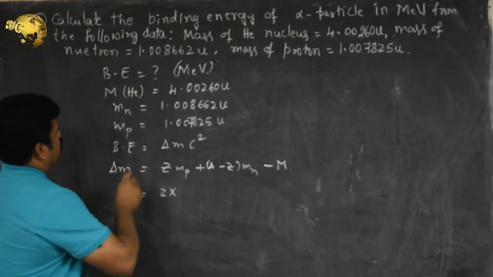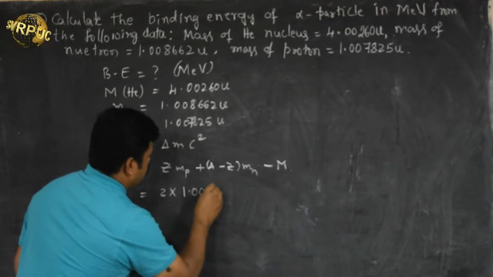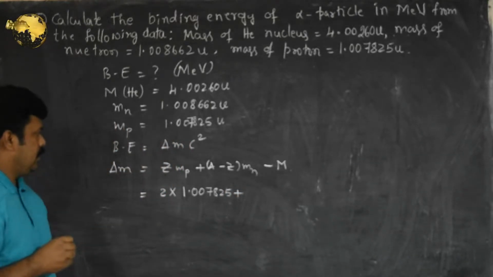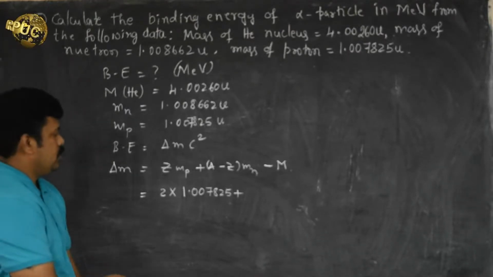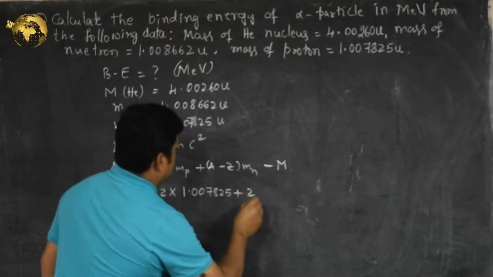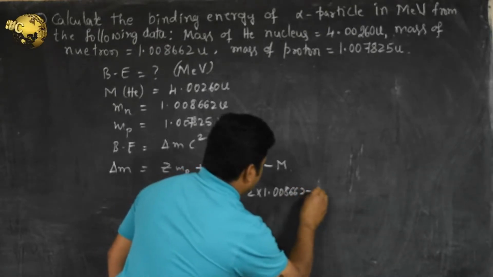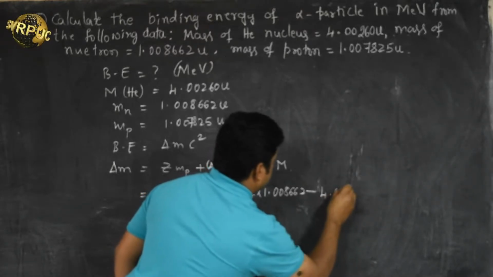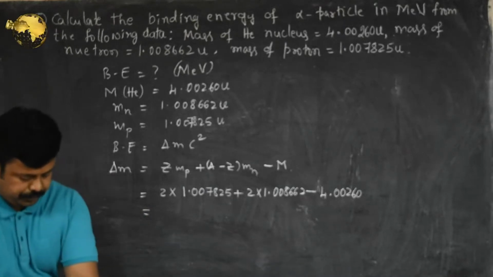Mp, the mass of proton, is 1.007825, plus A minus Z, that is the number of neutrons, again 4 minus 2, that is 2, into the mass of neutron 1.00866, minus M, that is 4.00260 u.